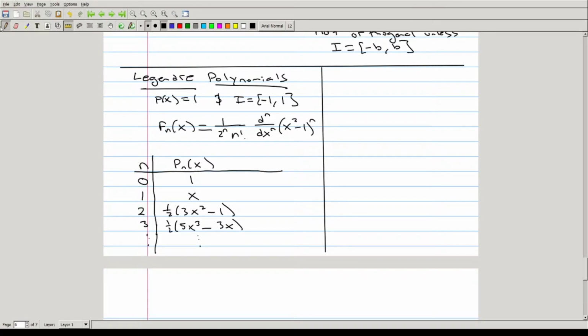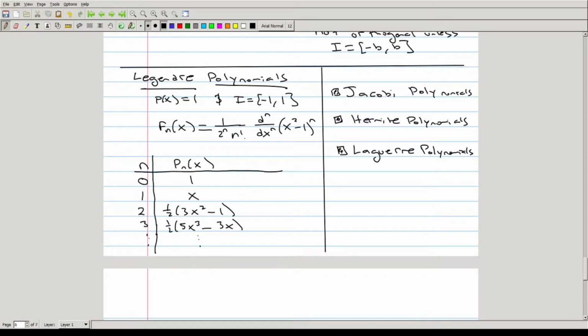Other classes of very important polynomials include Jacobi polynomials, the Hermite polynomials, Laguerre polynomials, and the list goes on and on.